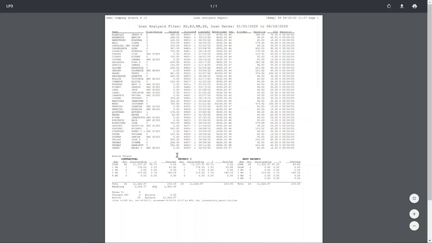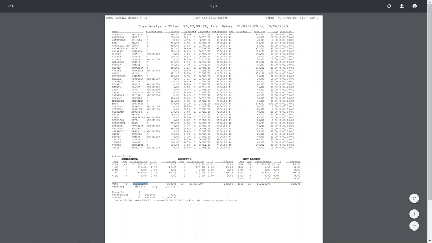Some important information down at the bottom here. The totals for all the money that was lent out is right here for these 25 customers, $11,624.97. This is the net proceeds column. The handling column is here.